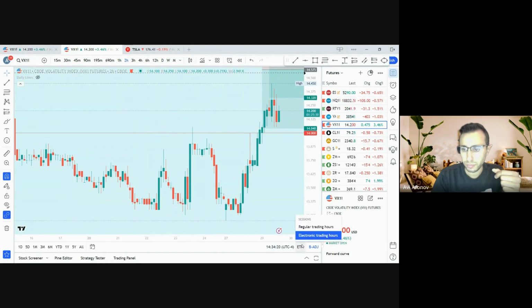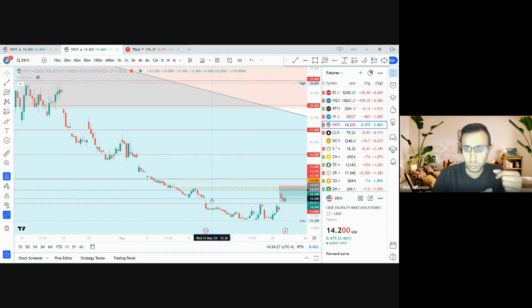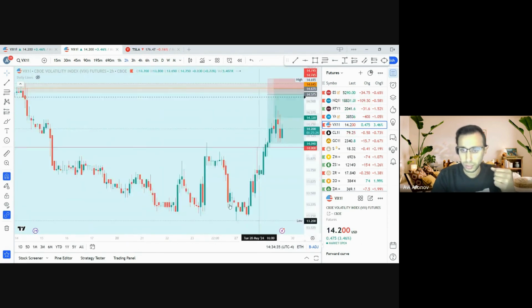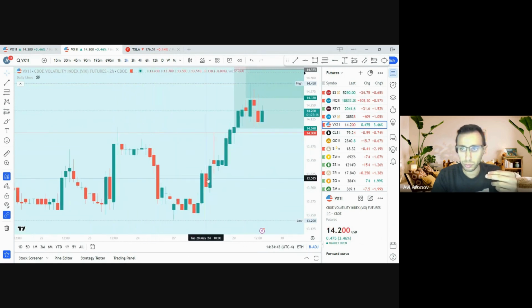So you can have here extended hours or regular trading hours that then will have those gaps. So if you know how to read the chart with gaps, then sure you can do that. Or you can have all the hours and just basically not put too much attention to those hours that are outside of the trading hours.